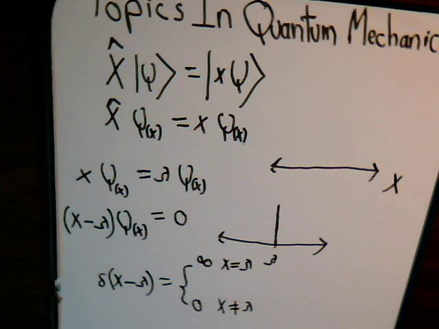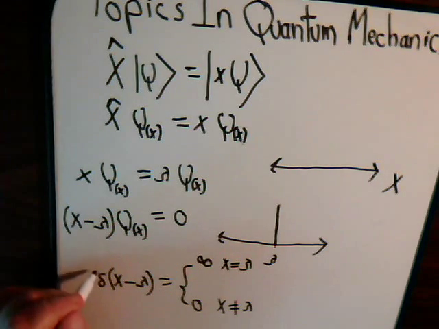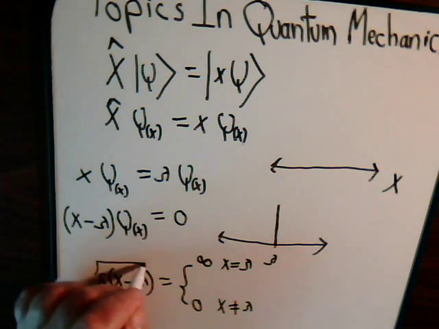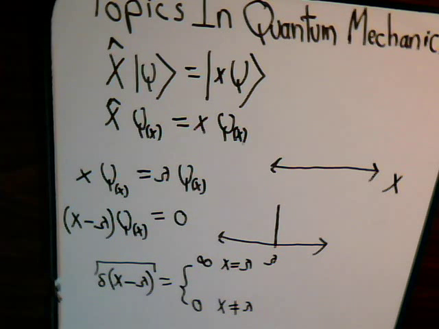So what we're saying then is that for the position operator, this is the eigenfunction. Right here, this fulfills this definition. Now, what are the eigenvalues? Well, the eigenvalues can be any number along the x-axis. Any value of lambda would work.